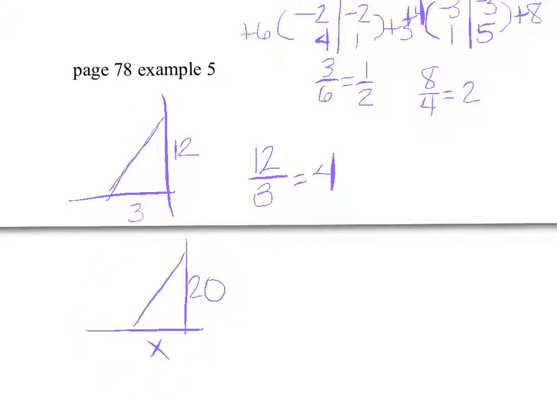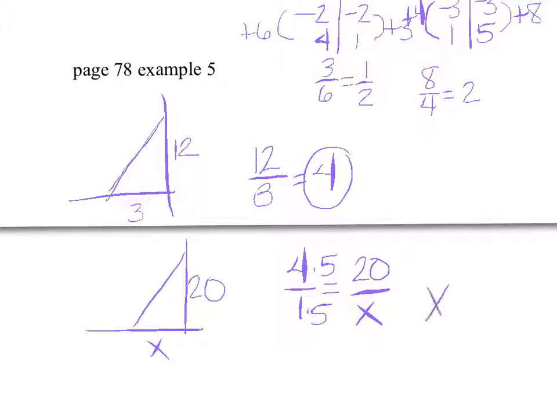And so you can set up a proportion. We already know from up here that 4 over 1 is appropriate for the slope. So then on the bottom we're going to have 20 over x. And then it's just a matter of solving for x. Hopefully you can see that 4 times 5 gives me 20, so 1 times 5 means that x should be 5, or 5 feet from the wall.